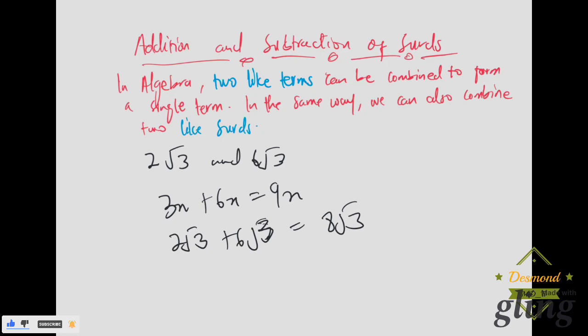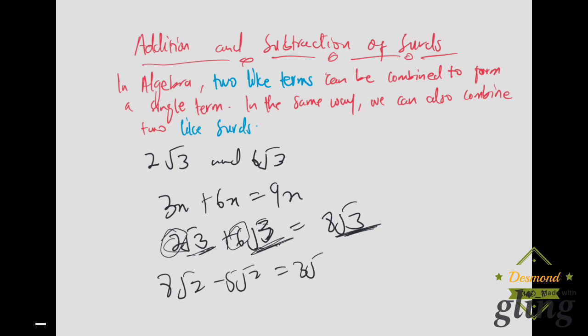We just added the 6 and the 2 because we have the same like term, root 3, so we just add the outside numbers to get the answer. Very simple. Similarly, 8 root 2 minus 5 root 2 is equal to 3 root 2. We just subtract the 5 from the 8, then we maintain the root 2. That's how we do it.